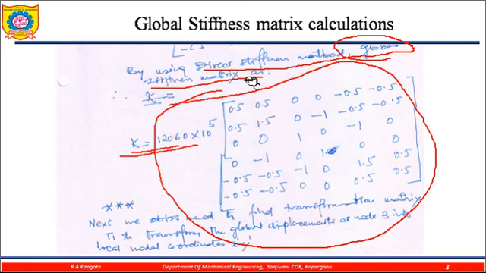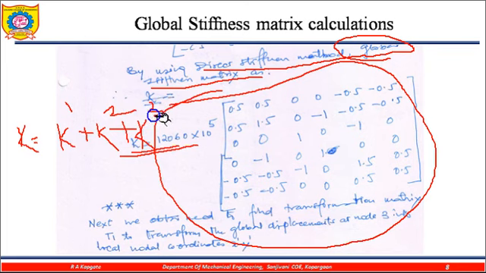So this is the assemblage process, that is K is equal to the addition of K1 plus K2 plus K3. So when you add these three stiffness matrices, you get the global stiffness matrix.